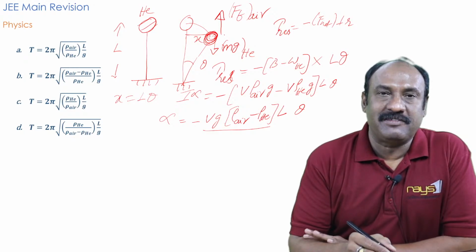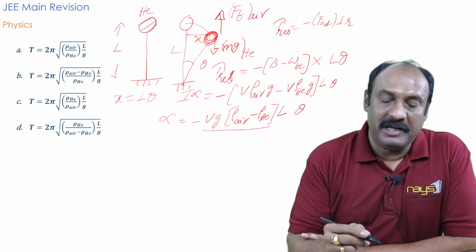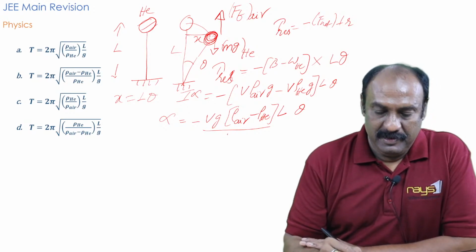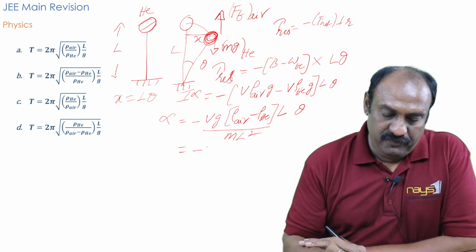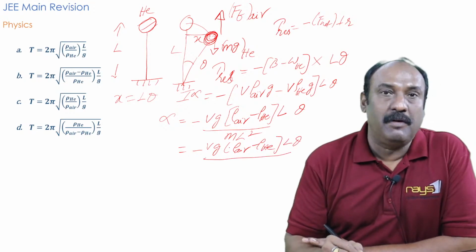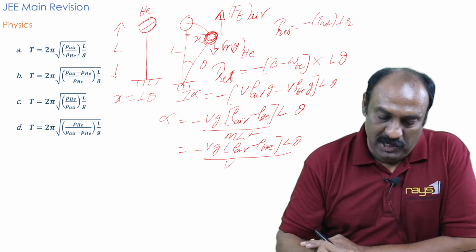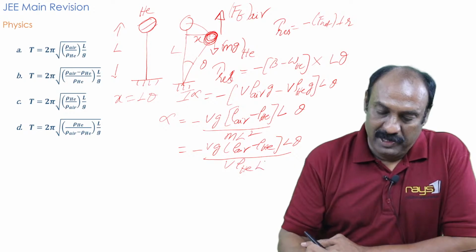Indirectly, it is nothing but some mass oscillating at a perpendicular distance L, so the moment of inertia is m L square. Therefore alpha is minus of Vg into density of air minus density of helium into L into theta, by, in place of the mass of the helium, volume into density of helium into L square.